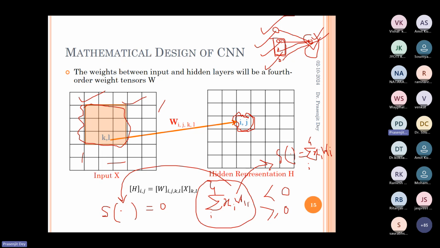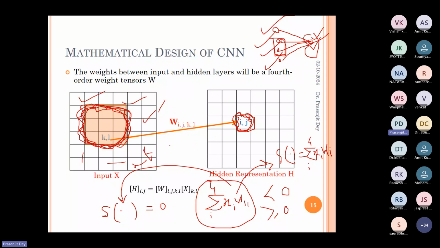And that was the limitation of a normal neural network. But in a convolutional neural network, for the computation of this hidden node value, I am considering only this subset of input nodes. Locality of input nodes is what I am going to consider. Like if you want to look for a crime scene, you will look only at the region specific to it, whether it is there or not, and ignore the other parts.